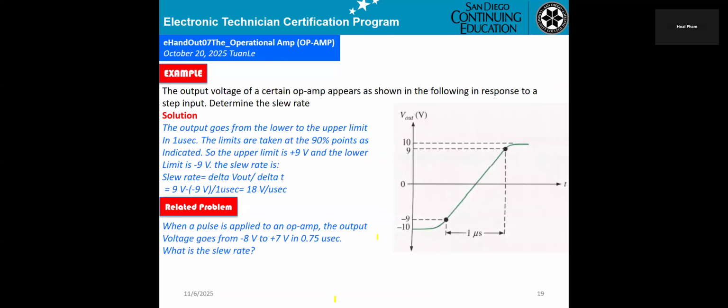Okay, they have given you an example. You could go through the solution, and try to see how to calculate that. Okay.